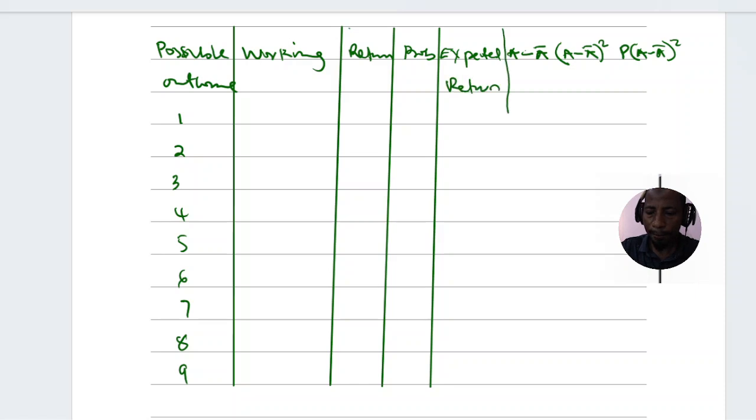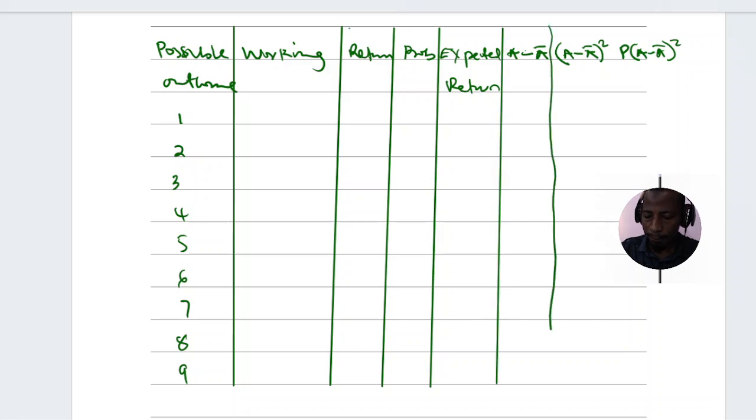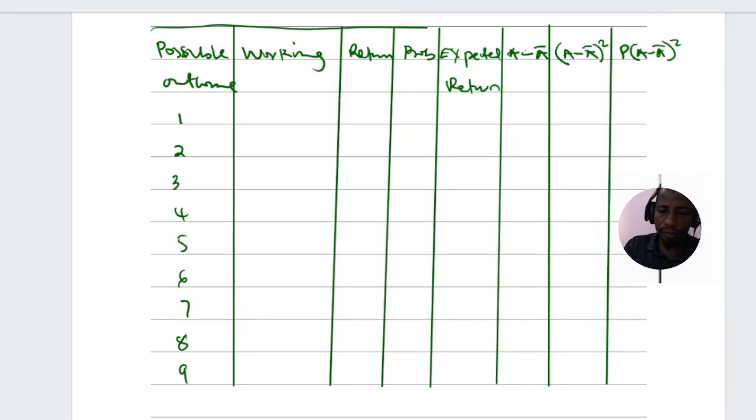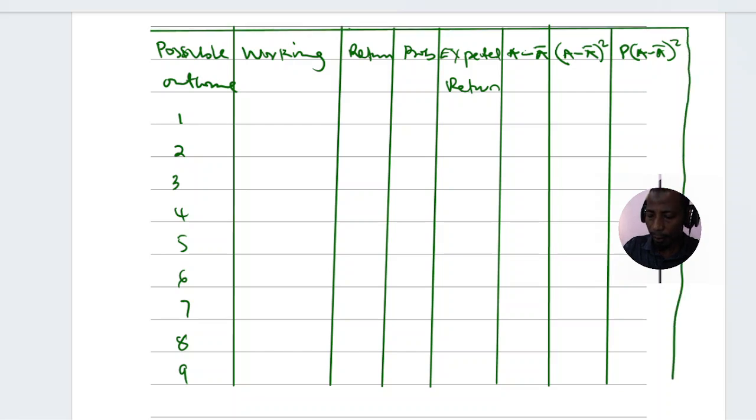Okay, actual return minus expected return. You square your results. Then this will be for variance of the portfolio.